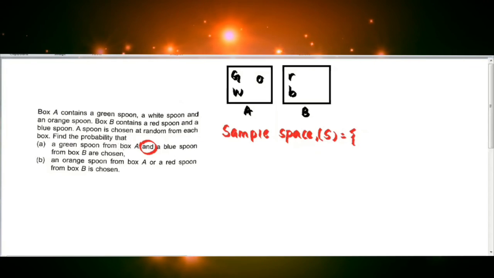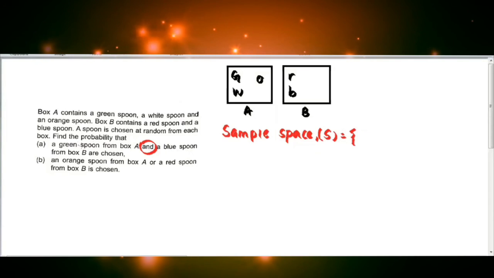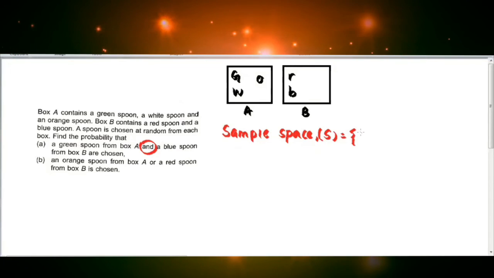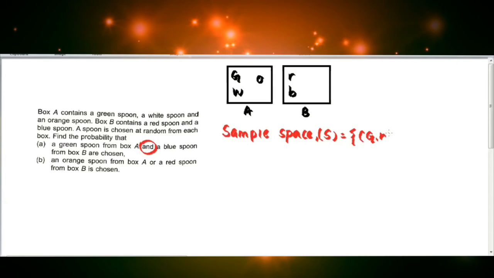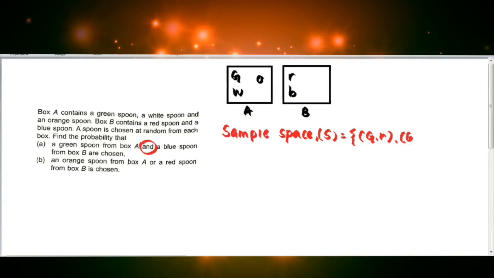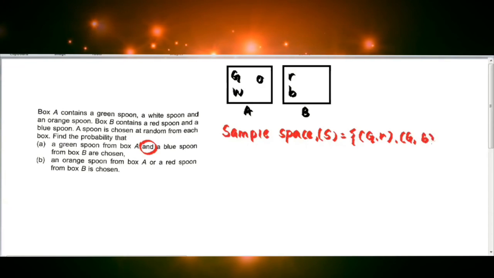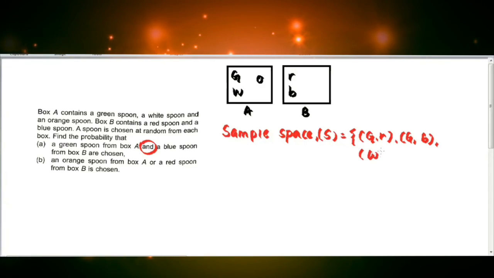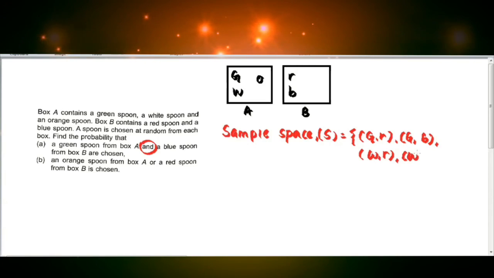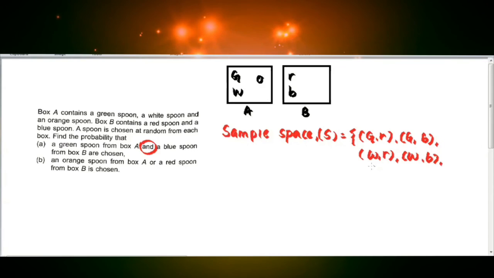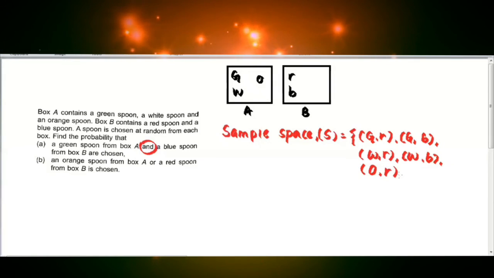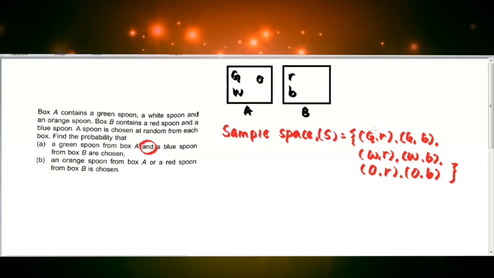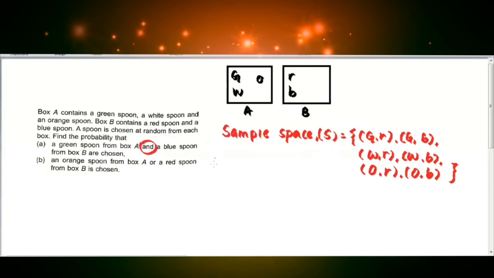We must pick a green spoon from box A and a blue spoon from box B. First we just list out our sample space, the possible outcomes. We may get green from box A and red from box B, or green from A and blue from B, or white from A and red from B, or white from A and blue from B, or orange from A and red from B, or orange from A and blue from B. So there are 6 possible outcomes over there.